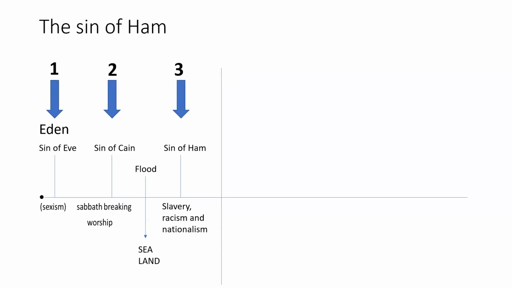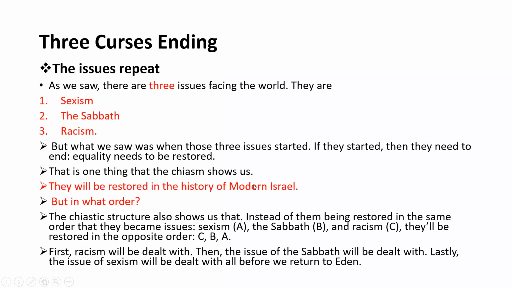Thank you. So now we want to see how these cases have been reversed in this history. And please, we need to take note of the sea and the land aspect. The flood, what does the flood do? The flood is water that is coming on the land, and we now have two divisions, the sea and the land. We are going to explain it in the next one as we go.